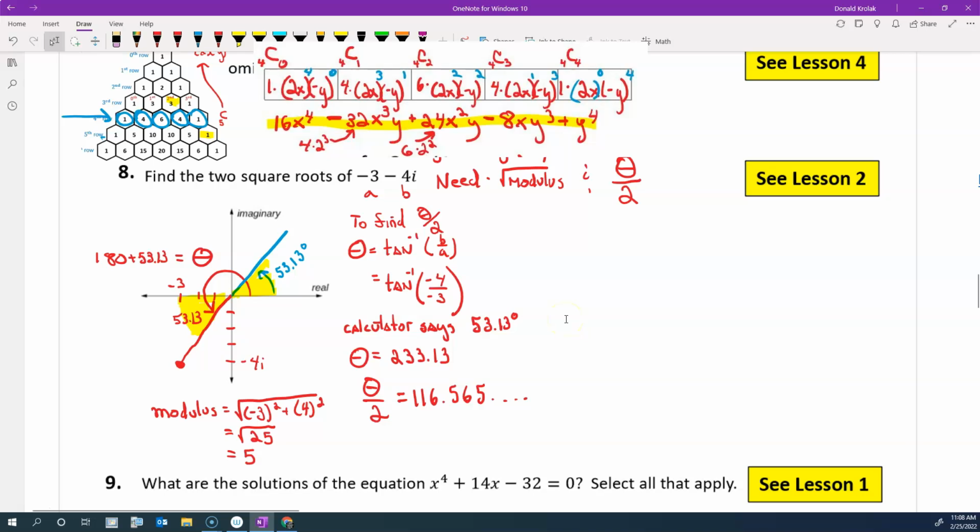Okay. All right. Now what I'm going to do is my square root looks like this. So the square root equals the square root of the modulus times the cosine of theta divided by 2 plus i sine theta divided by 2.